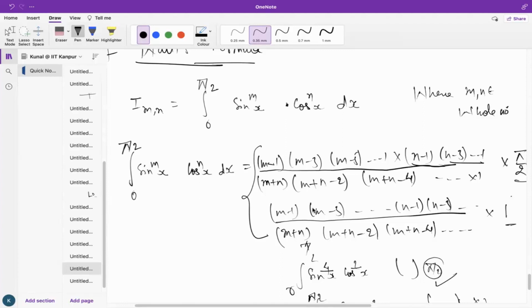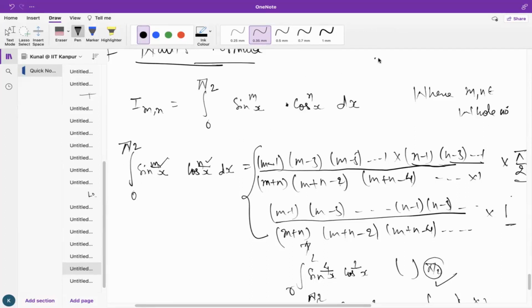Now, what we have to do here: first we add both powers, whatever is written here, and then start subtracting 2 in the denominator. In the numerator, we take the first power and the second power independently.